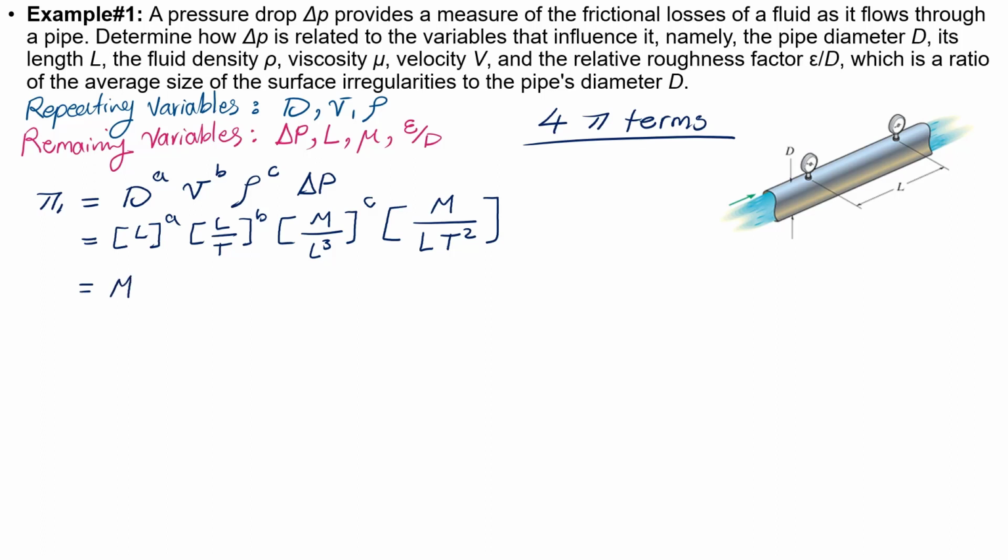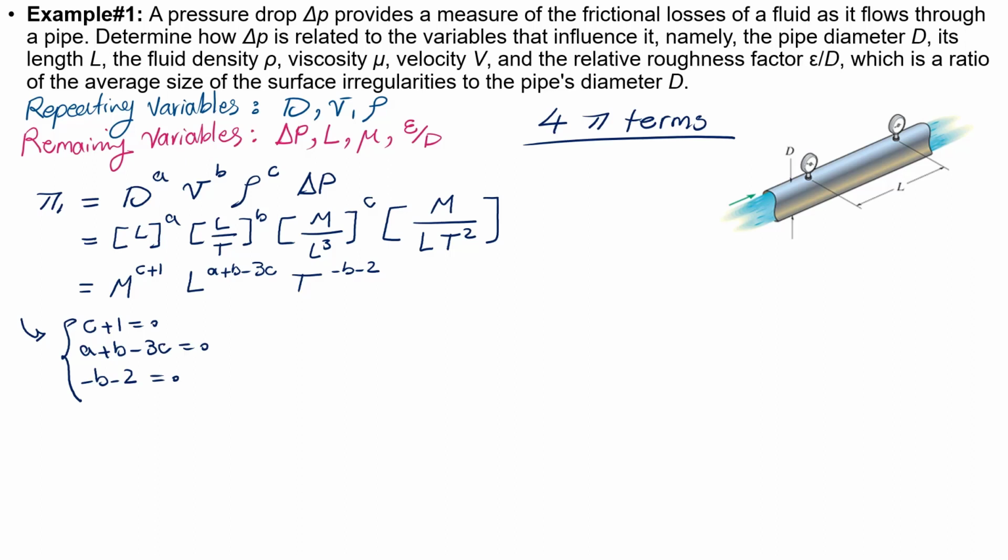So it would be mass to the c plus 1 times length to the a plus b minus 3c, and then time to the negative b minus 2. And so you know that the power of m, l, and t should be equal to 0 because pi 1 is a dimensionless number. So writing the set of equations that I'm going to analyze, c plus 1 is equal to 0, a plus b minus 3c should be equal to 0, and negative b minus 2 is 0.